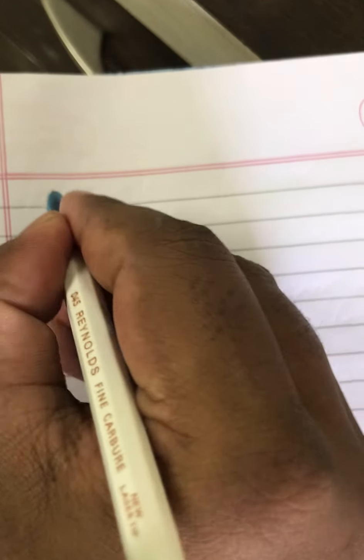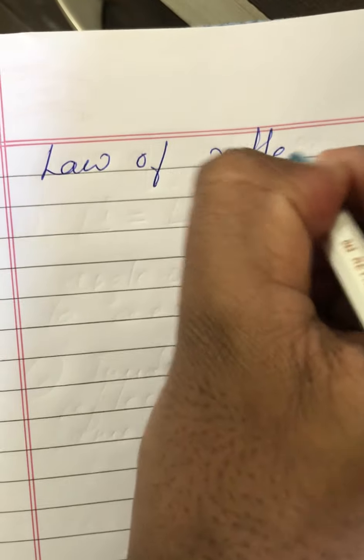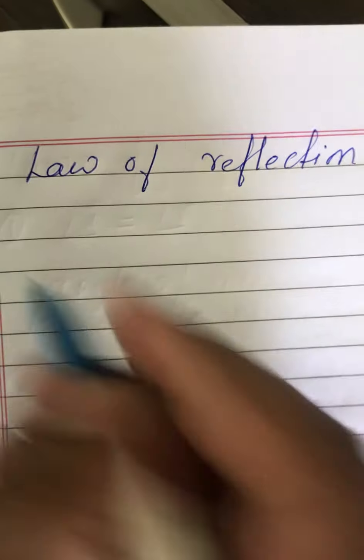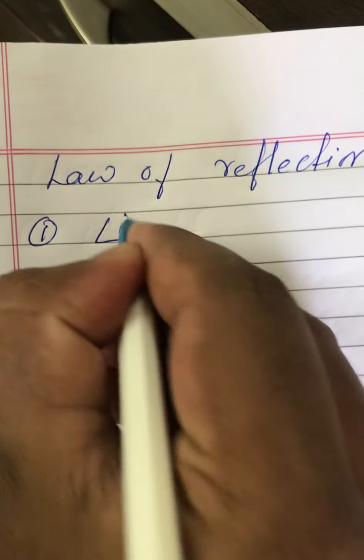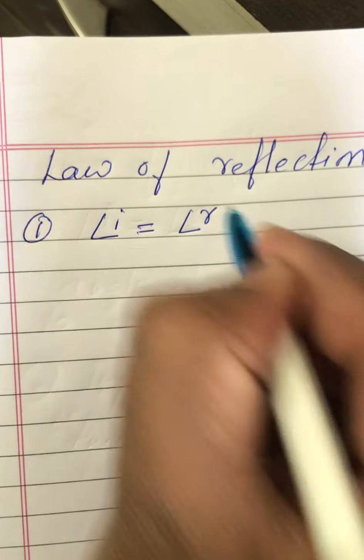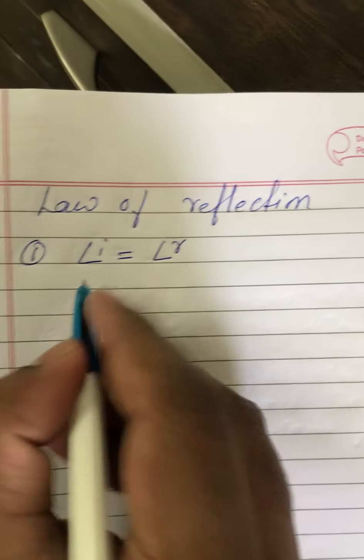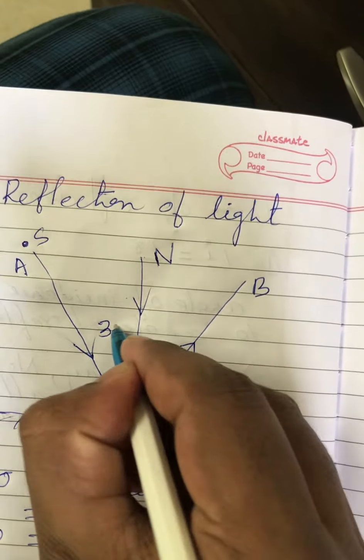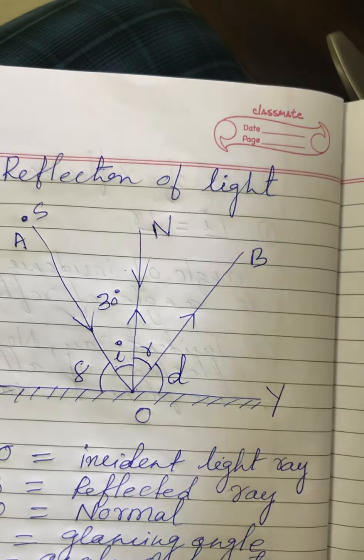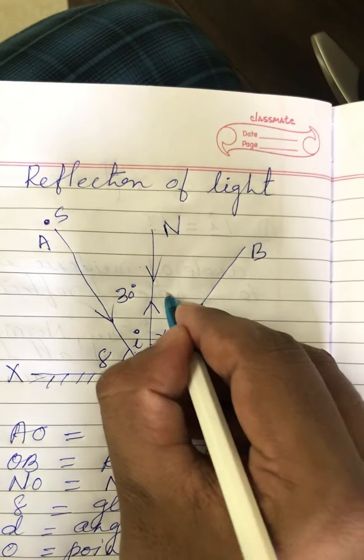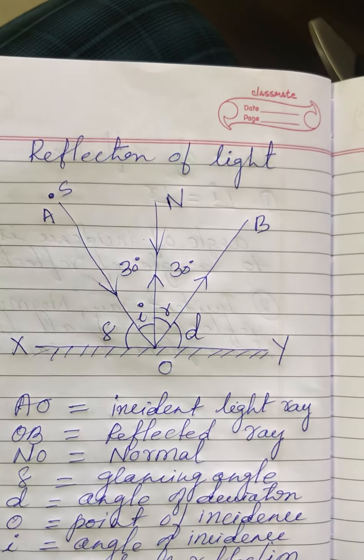And here laws of reflection will be taken as, first one, angle of incidence will be equal to angle of reflection. Let me say if it hits the surface at 30 degree, it will bounce back with 30 degree only.